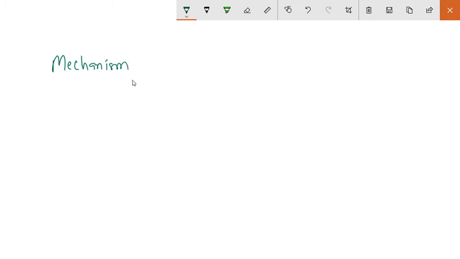Mechanism. Okay. So non-symbiotic nitrogen fixation takes place by the photosynthetic bacteria, that is the Cyanobacteria.